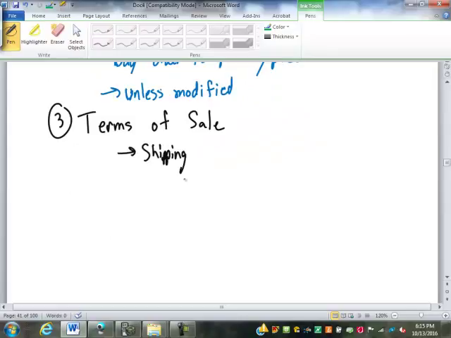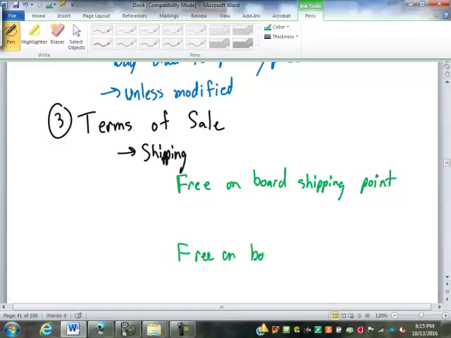There are two terms that are used here. Free on board begins both of them. Well, there's free on board shipping point. And there's free on board destination.